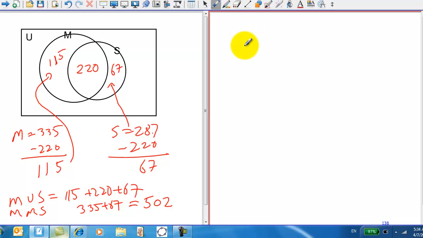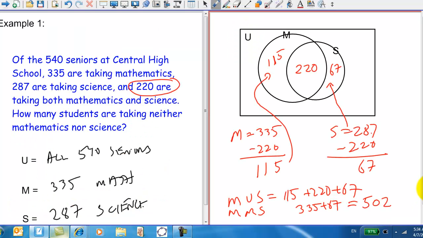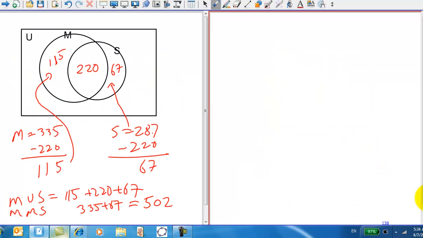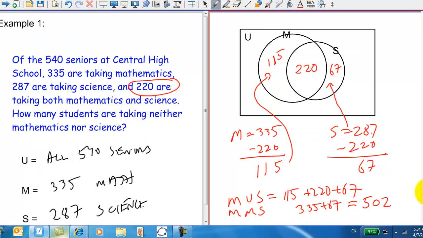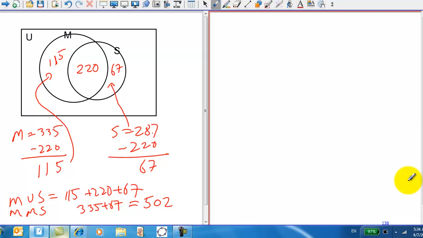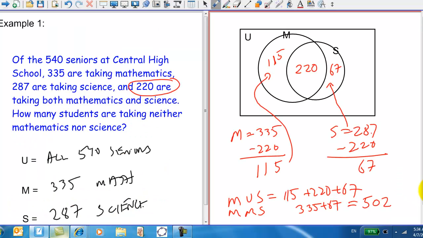Now we say, well, the whole set was 540. So we take 540, because we're asking now how many students are taking neither math nor science. So that's that outer area in here. So let's take the 540 and subtract off 502, if I add that up correctly.